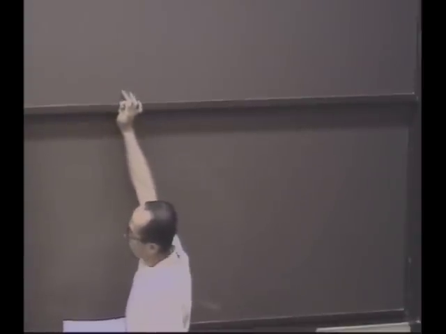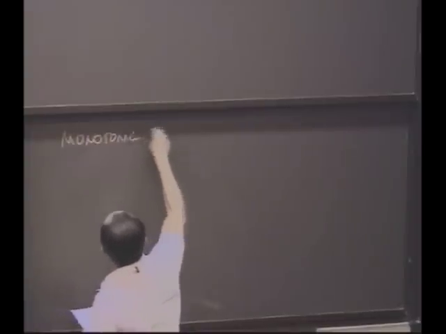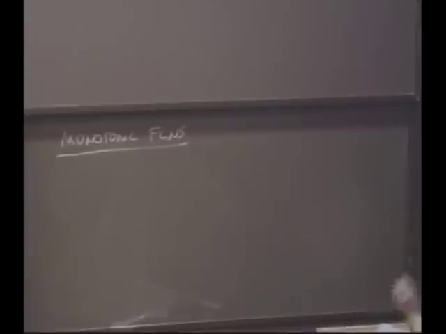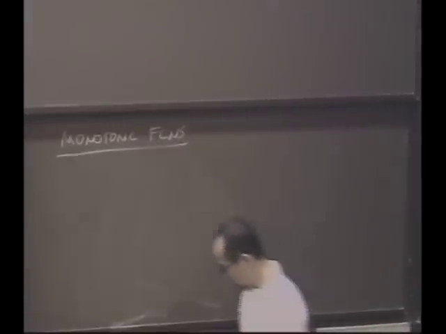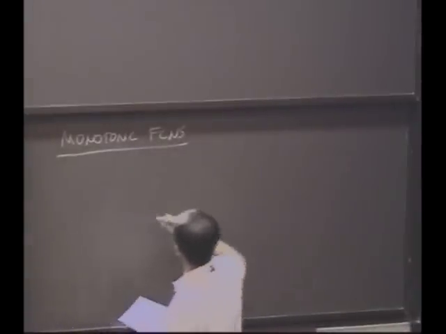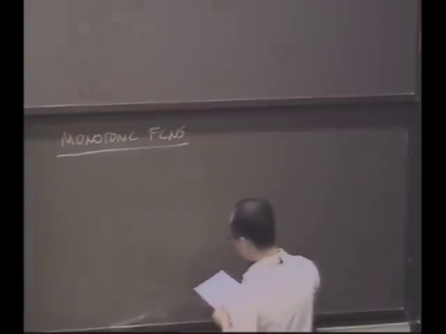Okay. Well, there are some cases in which we can restrict the kinds of discontinuities that can occur. And so this leads us to the topic of monotonic functions. So monotonic function basically means either monotonically increasing or decreasing.